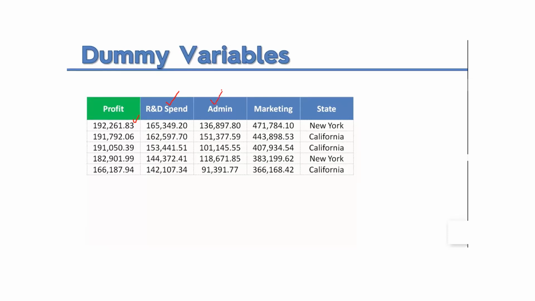It may depend on the administration costs, how much they're spending on chairs, tables, and things like that. It may also depend on marketing. Among these three, which one do you think is the most important, Sumit or Rahul? The profit of a company, which one do you think it will depend on mostly?